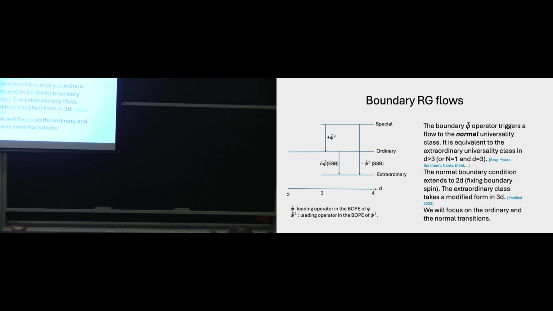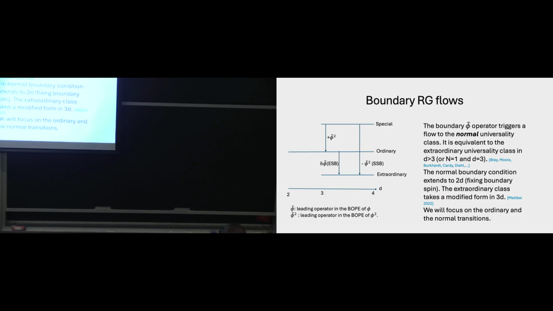The flow, actually, there's another name for the flow triggered by the phi hat operator. It's called the normal universality class, but it's believed that in D bigger than 3 dimensions, the normal and the extraordinary universality classes are equivalent, and also for Ising in 3D.